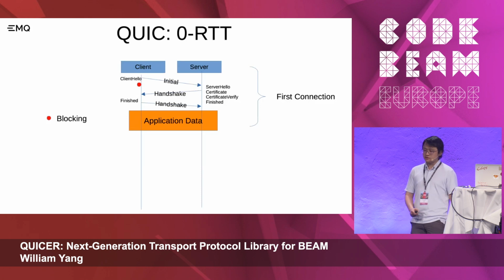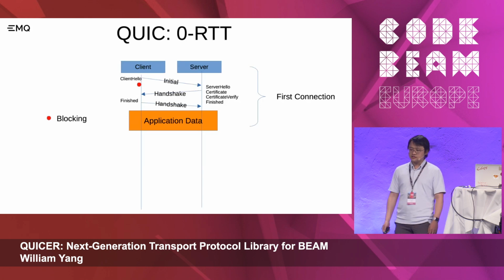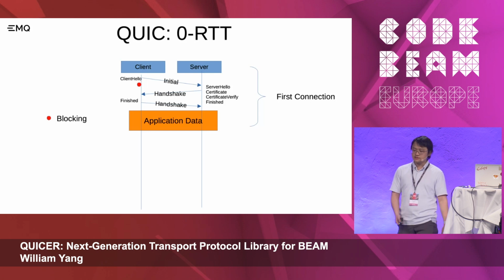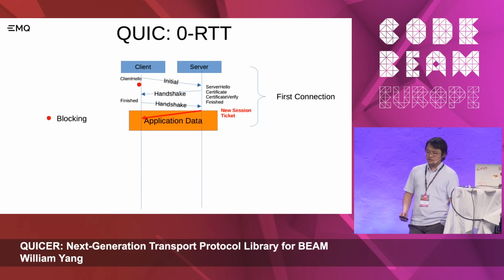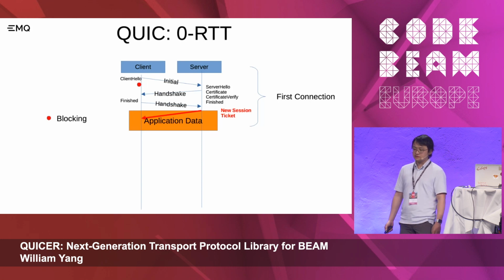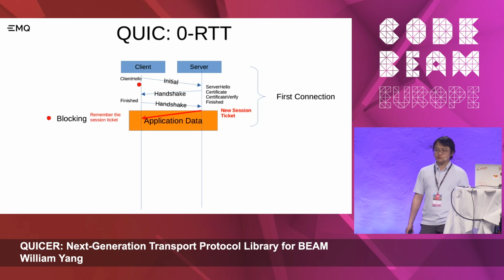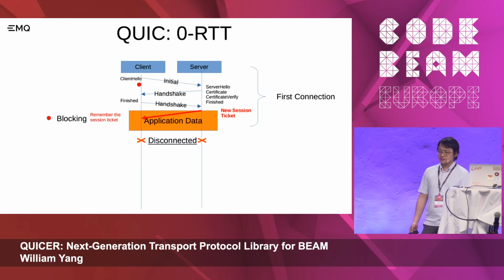with two features. The first is zero RTT. As I showed you before, after client and server have finished the one RTT handshake, they start to exchange application data. The server can send a new session ticket to the client. This is a resumption ticket, so the client can just remember the ticket.